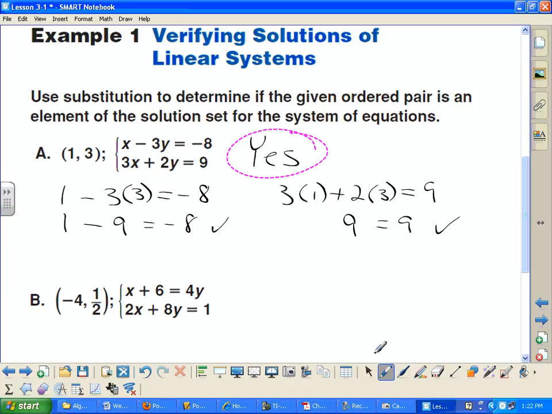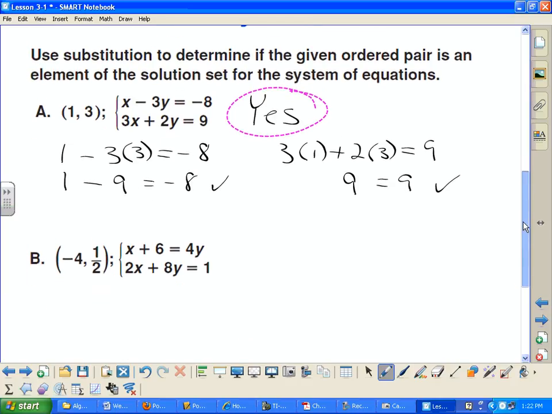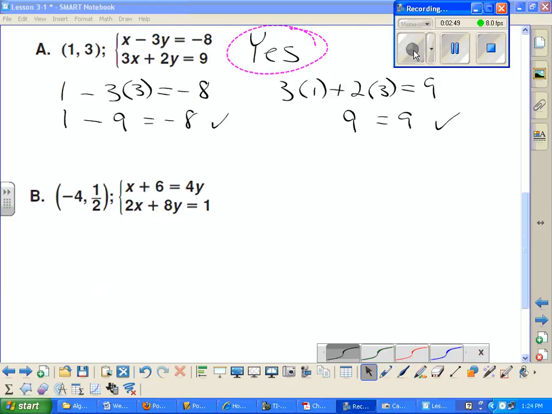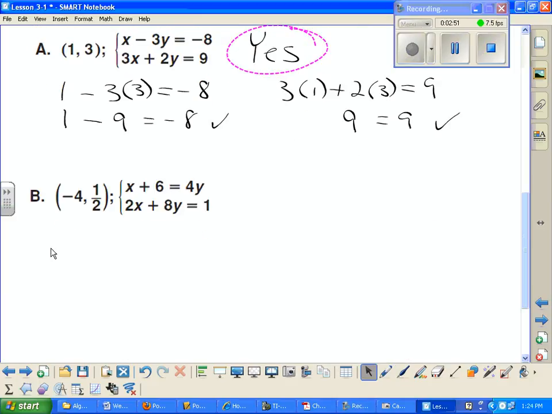All right, so try it for B then. Make that one quick. This one's not going to work. We put negative 4 in for x and 1/2 in for y. So here we're going to get 2 equals 2.